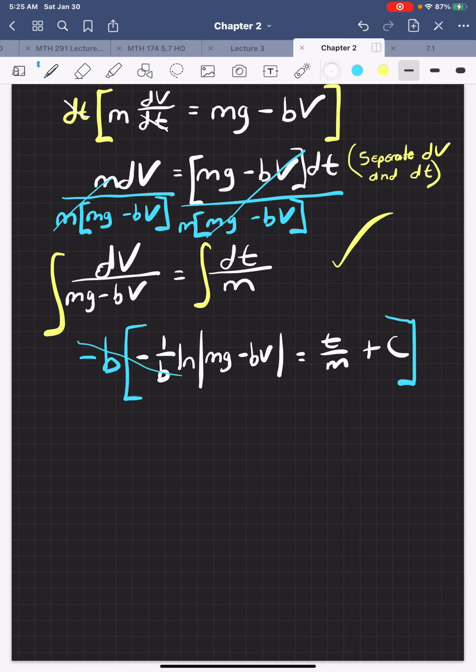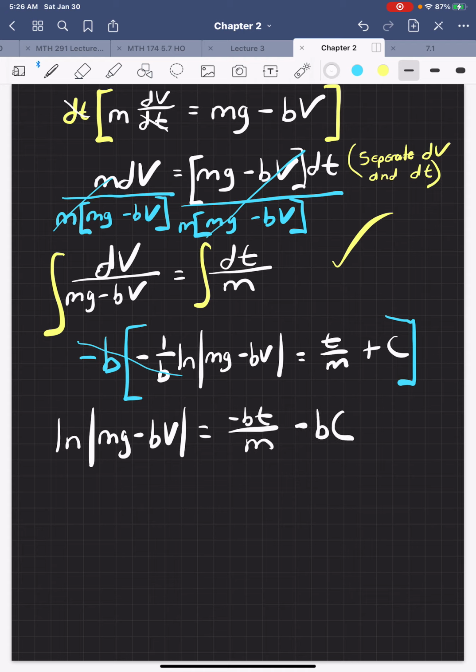If we multiply both sides by negative b, that at least will get rid of this. Let's see what it looks like now. So now we just have ln of mg minus bv equal to, now let's multiply the right side by negative b, so that's negative bt over m. And I will distribute that negative b to the constant of integration as well.